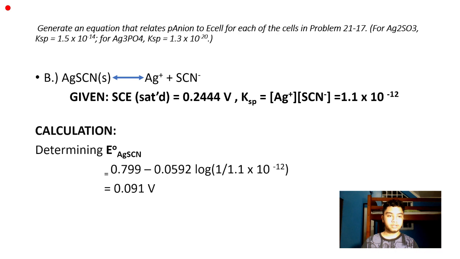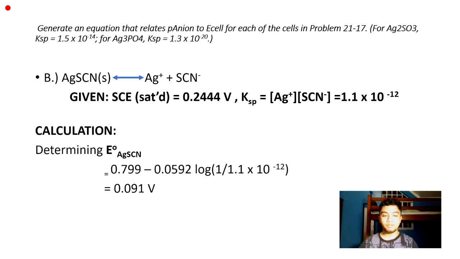Then, using the equation and substituting it, we get 0.799 minus 0.0592 times the logarithm of 1 over its KSP. Since the KSP is equal to 1.1 times 10 to the negative 12, we substitute that for the denominator.